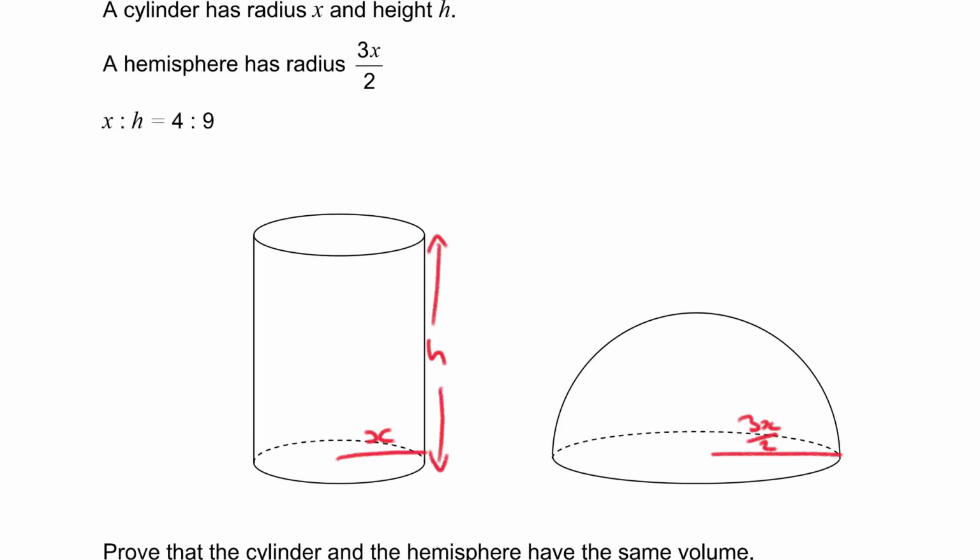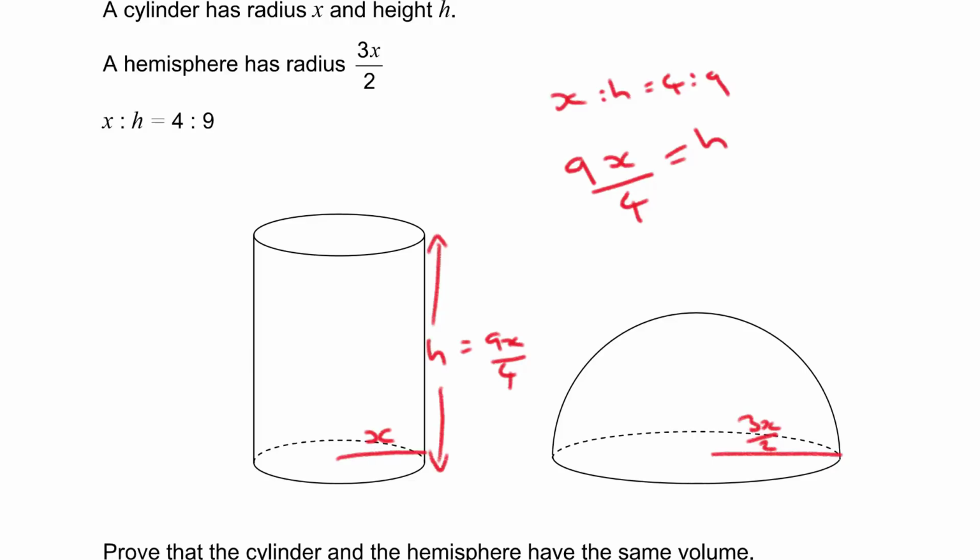Okay, so that means we can replace h in this diagram with x, can't we? So if x to h is 4:9, that means if I take x and I divide it by 4 and I times it by 9, I should get h, which means I can rewrite h here as 9x over 4.